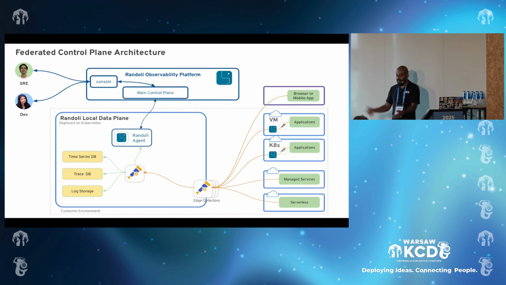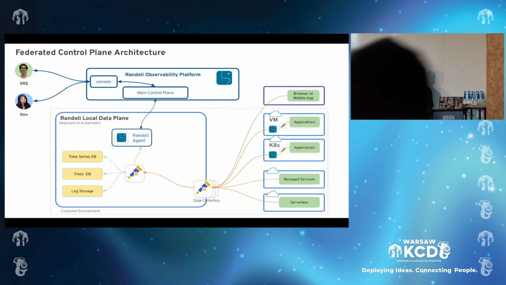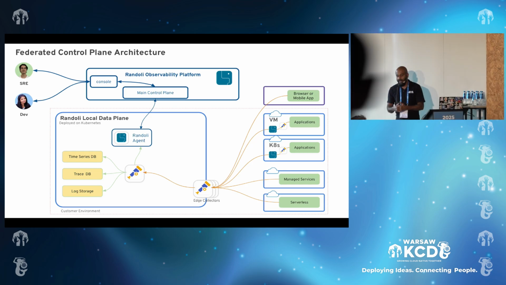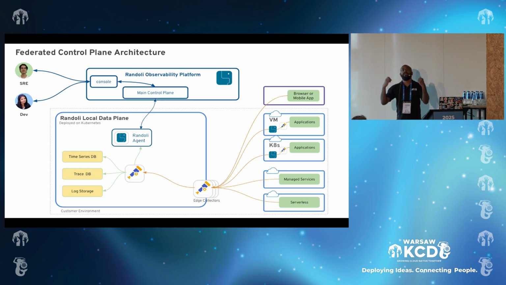So when we got down that path, and this is a very simplified architecture diagram, we started looking at how to do that, and that's where OpenTelemetry fit into the picture. So with OpenTelemetry, it allowed us to extract signals by processing raw telemetry.